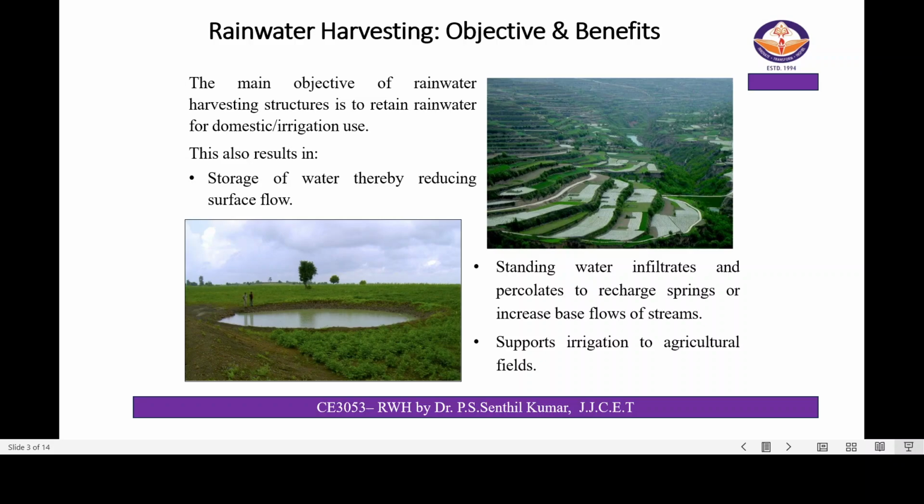This also results in storage of water, thereby reducing surface flow. Second, standing water infiltrates and percolates to recharge springs or increase base flows of streams. Next, it supports irrigation of agricultural fields.